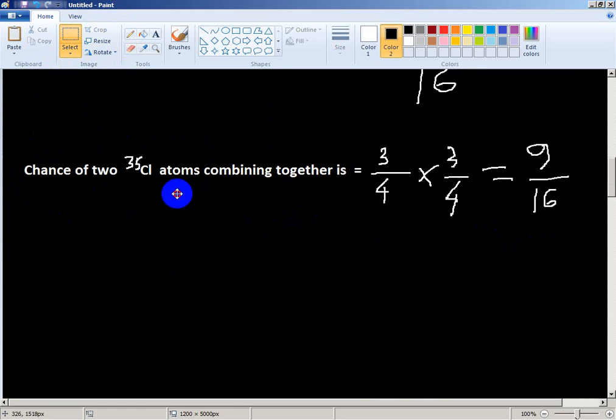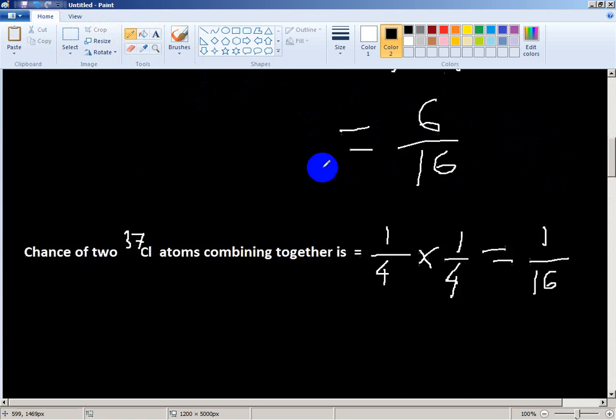I'll cut here and write 37, 37, but you must change this to 1 and 1 here, and also here 1. So we have found these things.